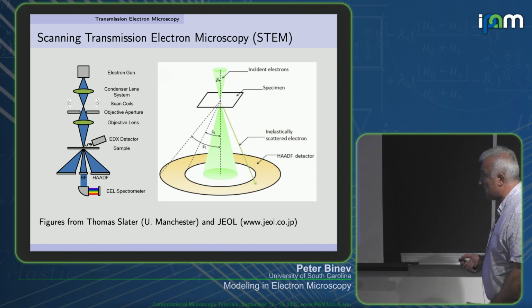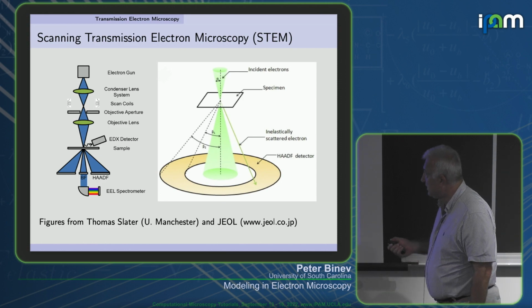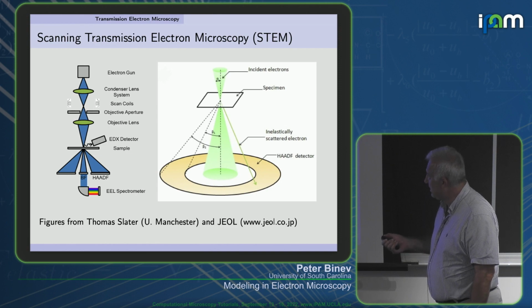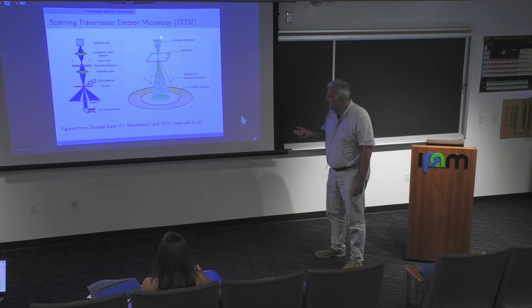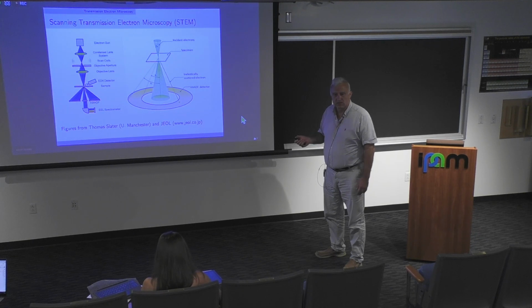So let's consider what the scanning transmission electron microscope is. We usually have the specimen, we concentrate the beam at a specific position there, and then at this position we measure the scattered electrons, which actually interact with the specimen.